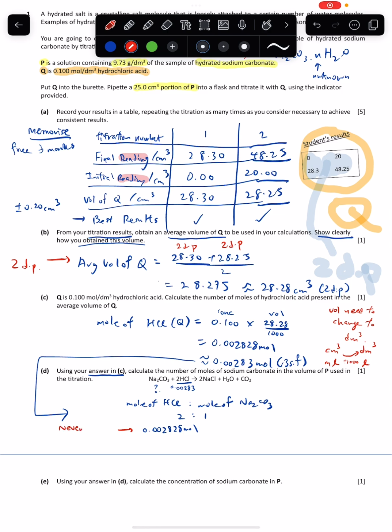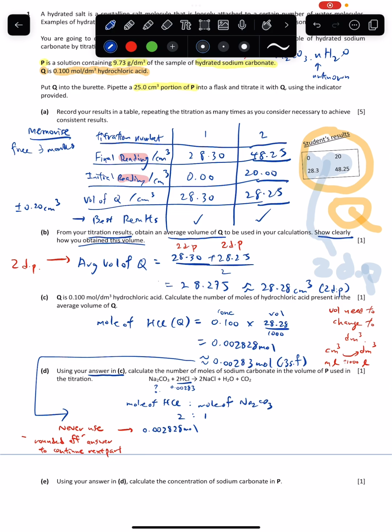Again, take note. Never use rounded off answer to continue calculation. Continue next part. You should always use real numbers. You only round off to do one thing, to get that 1 mark. After that, who cares?